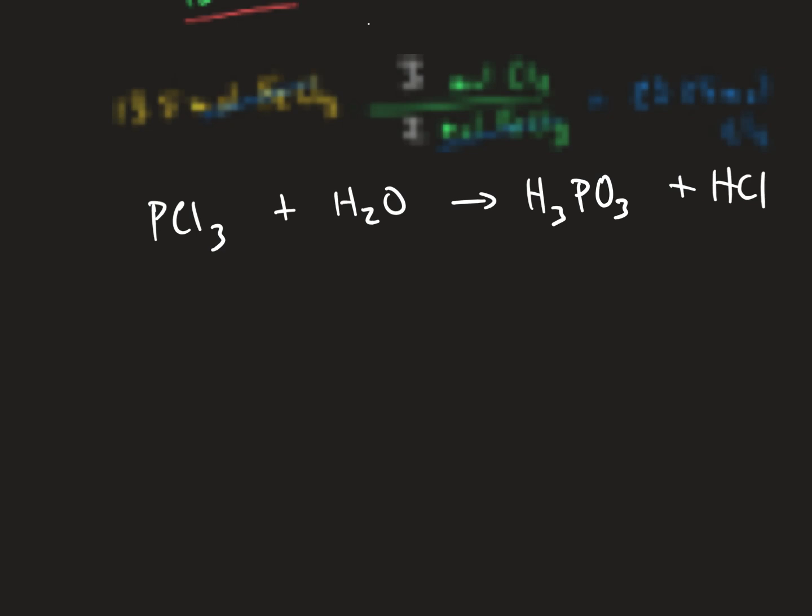And it says we have 0.15 moles of PCl3, and we want to know how many moles of HCl we get. Good? You guys think you know enough to try it by yourself? Yes or no? The answer could be no.